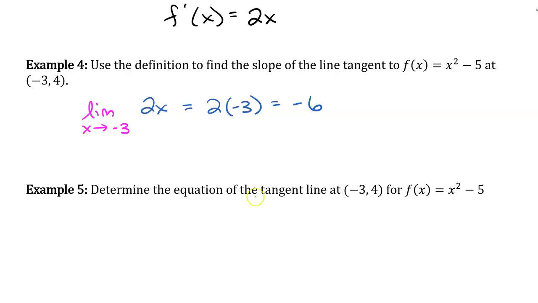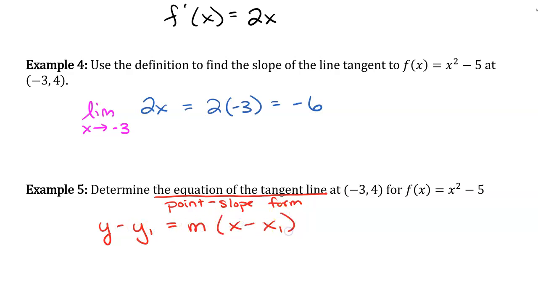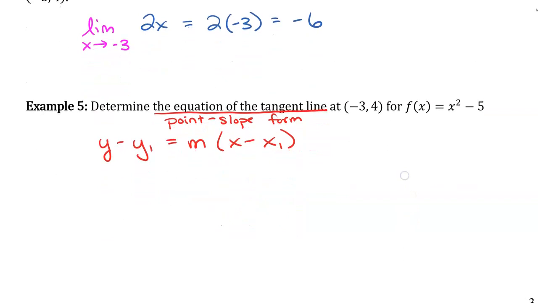For the equation of the tangent line, we have to dig out our college algebra again. It's been a while, but we've done this before. The equation of the tangent line, also known as the point slope form of an equation, is y minus y1 equals m times x minus x1. So we have all the information we need. The point itself, the negative 3, 4, will go there and there.